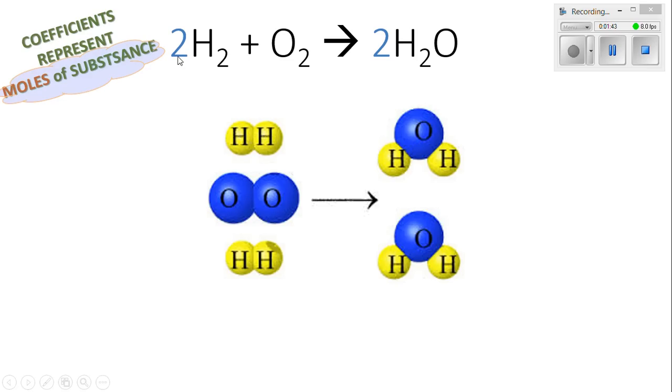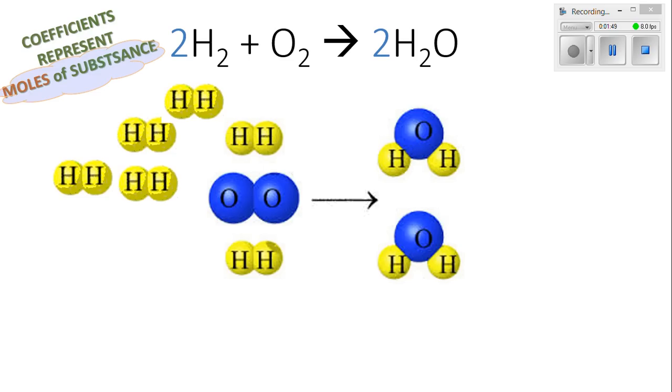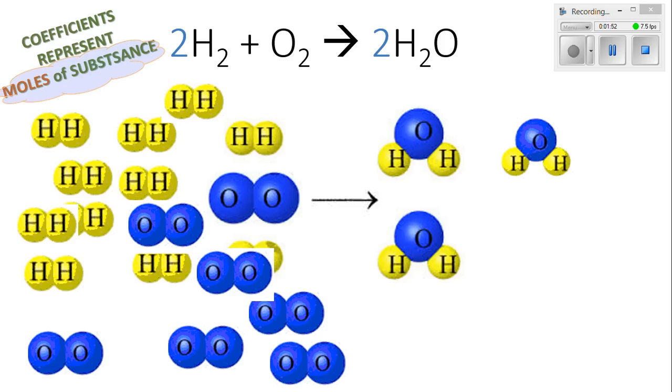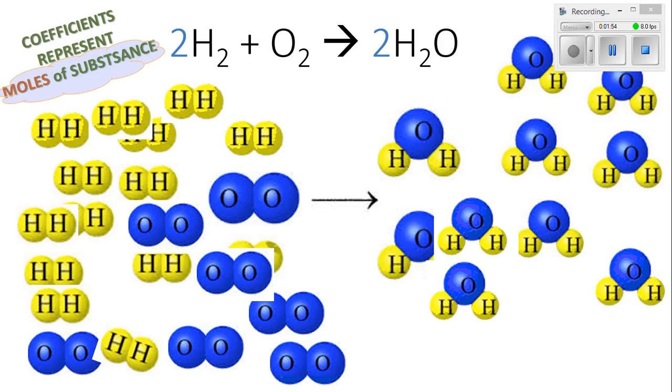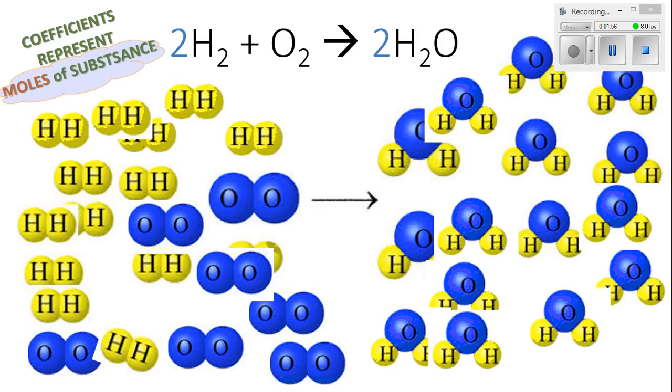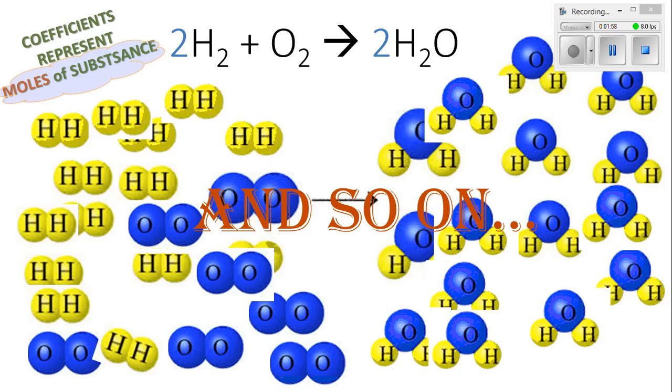So these coefficients actually represent the number of moles of a substance. And remember, a mole is equal to 6.02 times 10 to the 23rd molecules or atoms or formula units, which means we're going to have a lot of these. Obviously, I can't draw them all or make them all appear, but you get the picture.